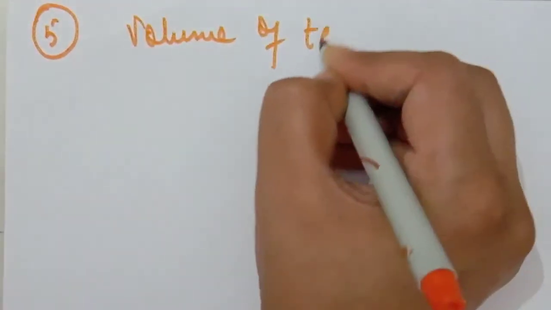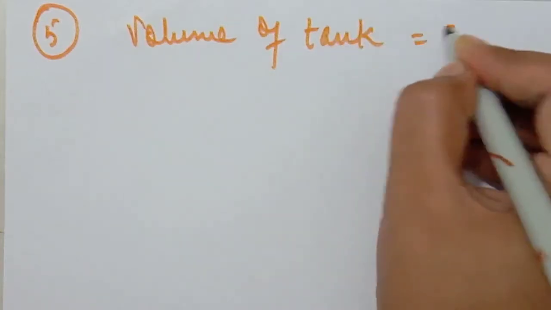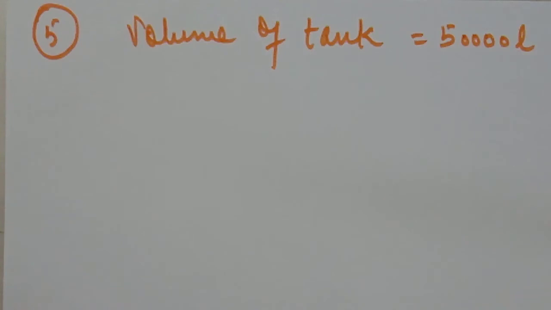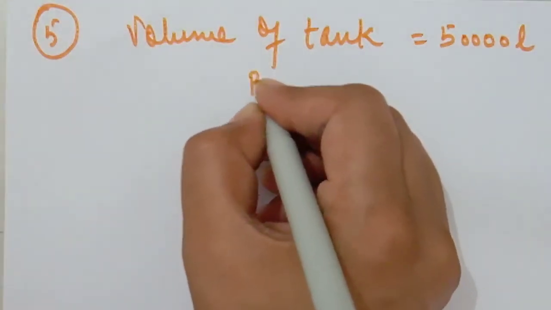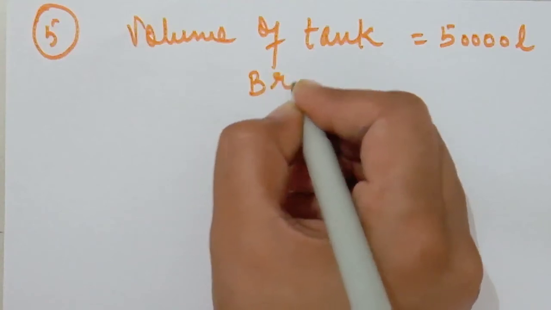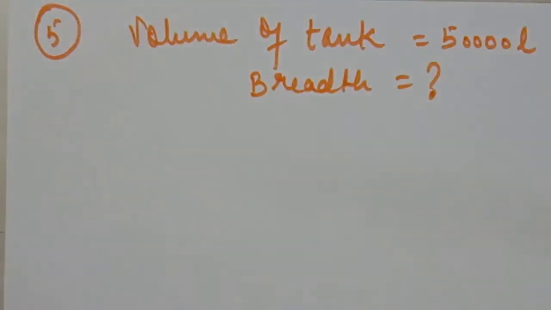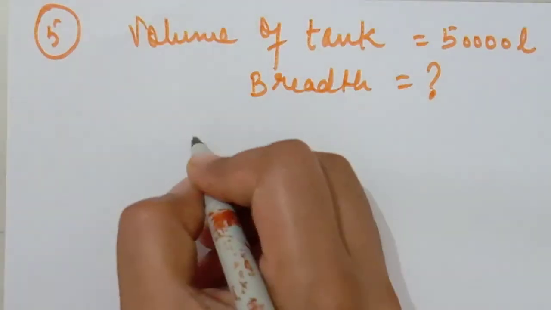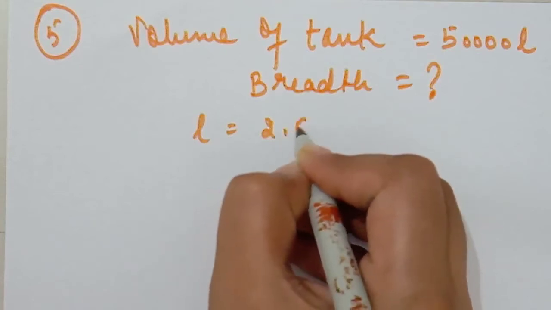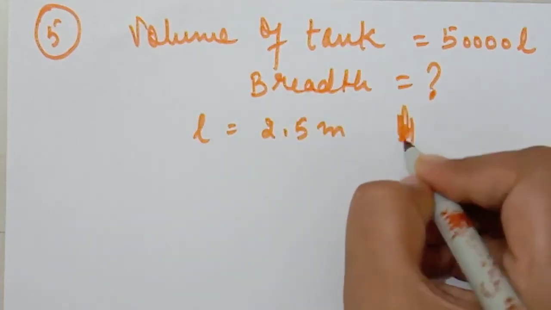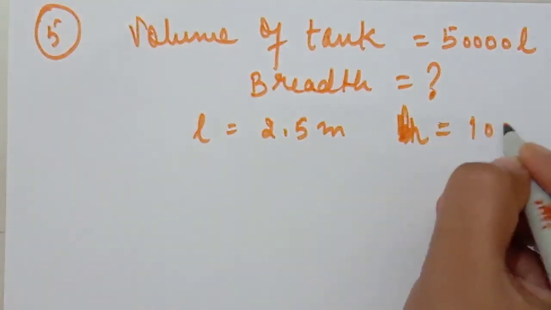The volume of the tank is already given, which is 50,000 liters. Find the breadth of the tank. The other two given are length equal to 2.5 meter and height equal to 10 meter.